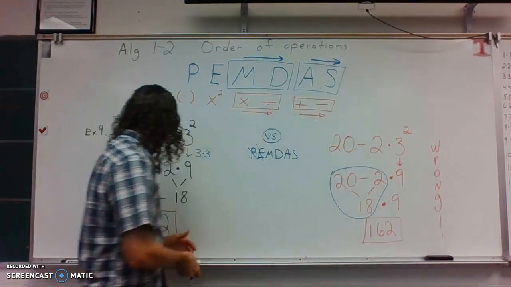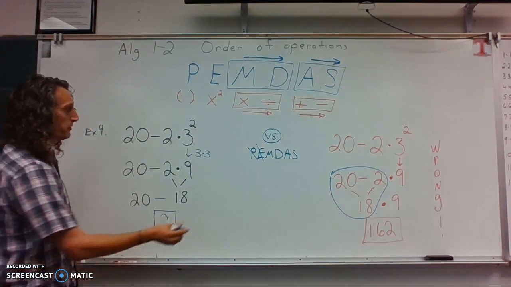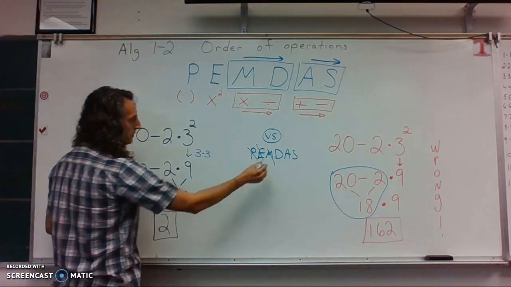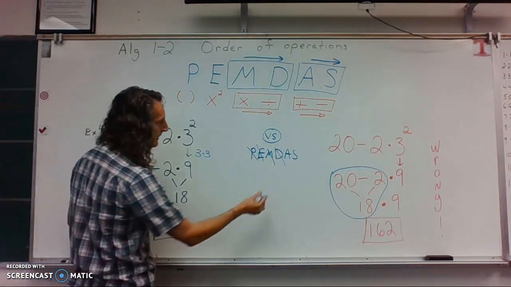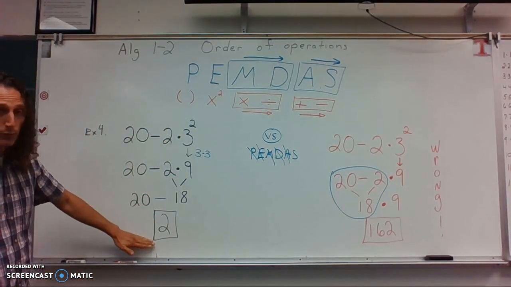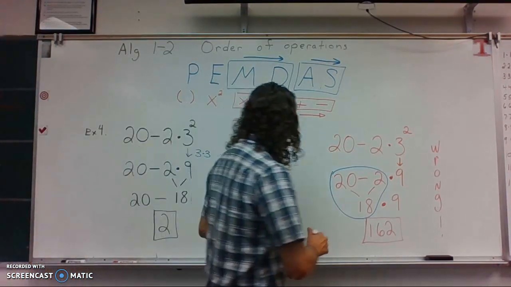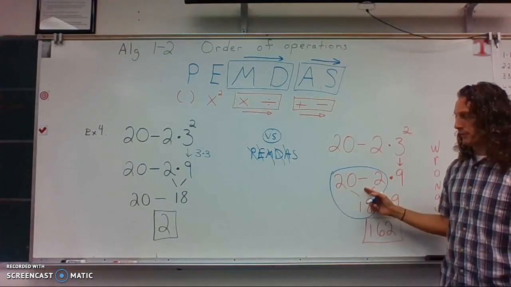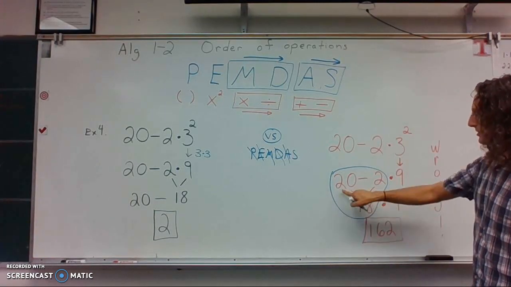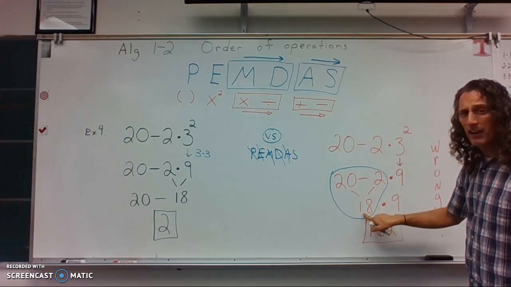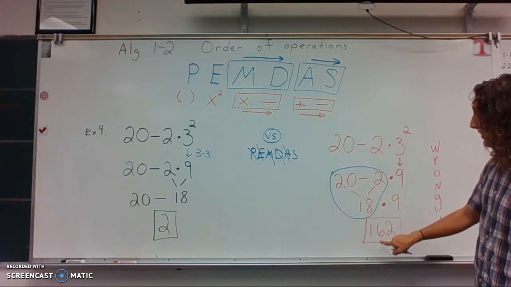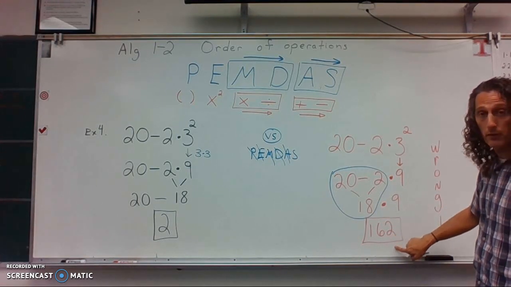So coming back over here, you do your multiplication. We have 20 minus 18. There's no division. There's no adding. And then we have 20 take away 18, and you get 2. But over here, since they did subtraction first, they get 20 minus 2, they get 18, and then they have to go 18 times 9, and I had to use a calculator, and you get 162.